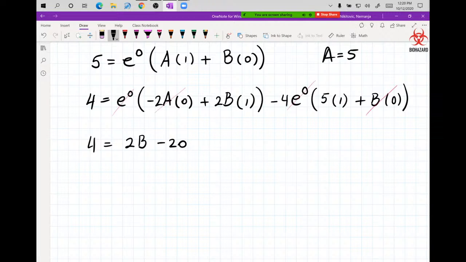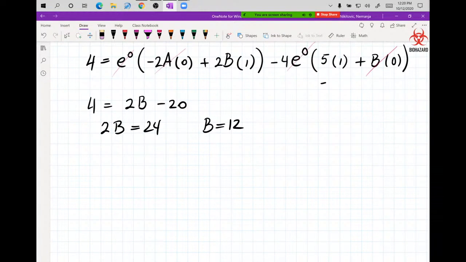That's what we worry about, because negative 4 times 5 is the only thing that survives. And guys, e to the 0 is 1, so this whole thing over here is just negative 4, and you have that as 5 plus 0 in this. So that's negative 20 altogether. All right, so now that I have this negative 20, that's going to mean that 2b is equal to 24, and then we have b is 12.